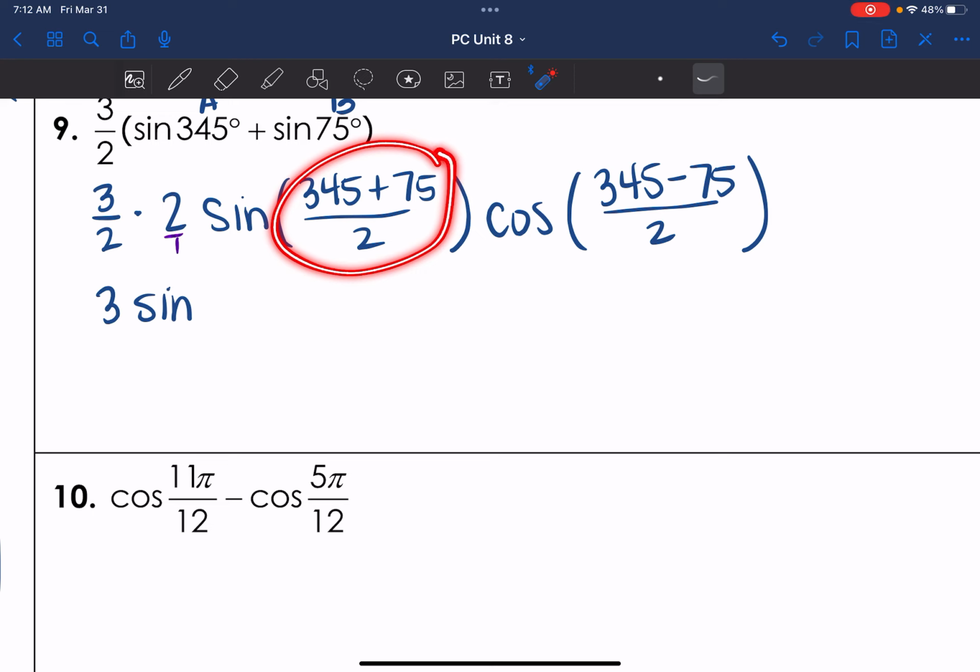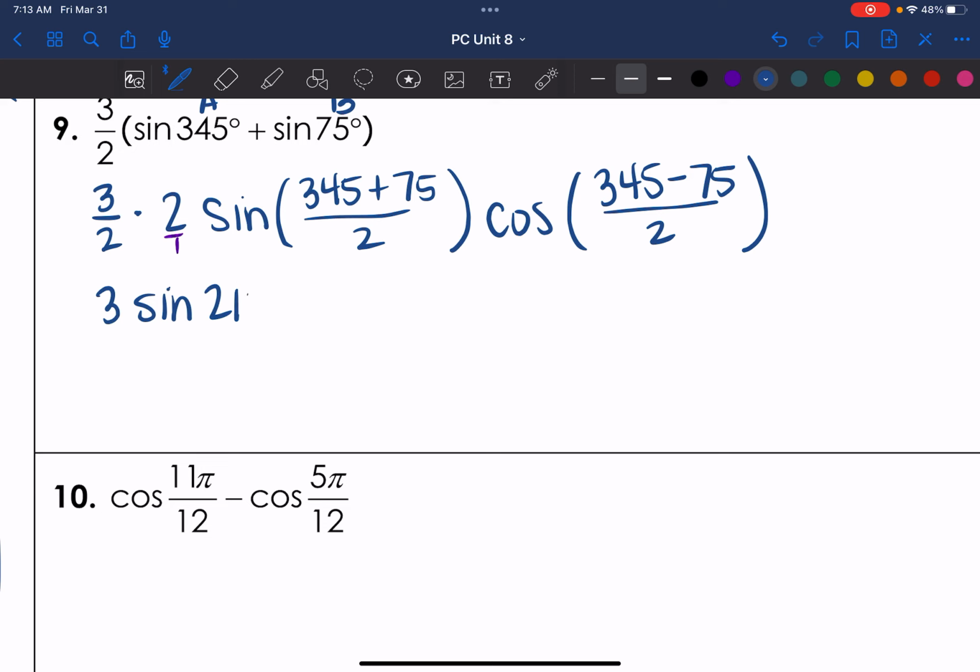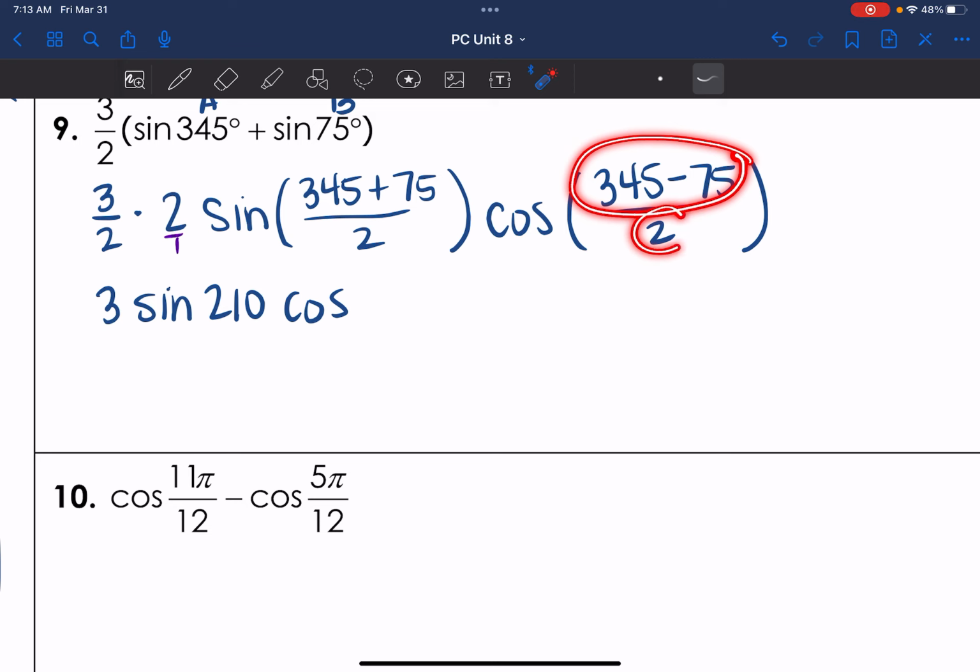Now in here, let's actually figure out what that simplifies to. 345 plus 75, I think that's 420, divided by 2 is 210. And then the next part, 345 minus 75, that's 270, divided by 2 is 135.